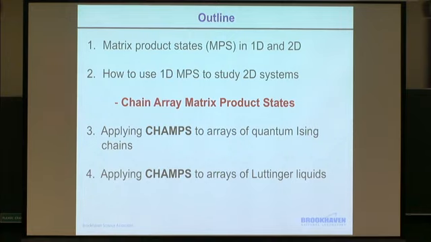So that's more just to set the scene. Then after having set the scene, we'll move to using matrix product states to study 2D systems, and we've come up with a useful, easy to remember acronym, CHAMPS, Chain Array Matrix Product States. And then we'll apply, in the last half of the talk, this to arrays of quantum Ising chains and arrays of Luttinger liquids.